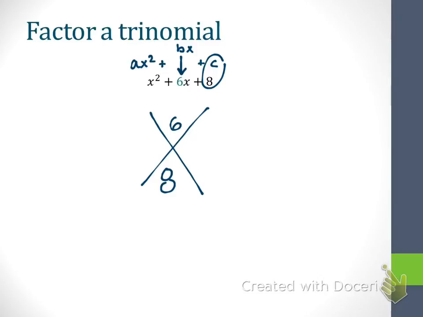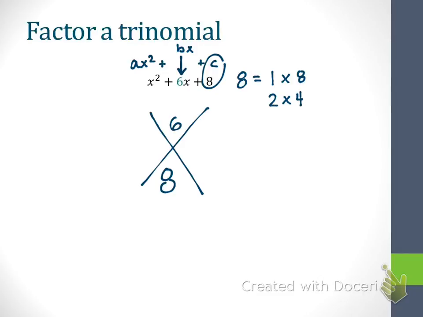So this is how we're going to do this. You ready? It's very simple. We are going to take C and we are going to list all of the factors of C. So anything that multiplies times another thing to give me 8. So I like to write 8 equals 1 times 8 and 2 times 4. Are there any other numbers that multiply to give us 8?